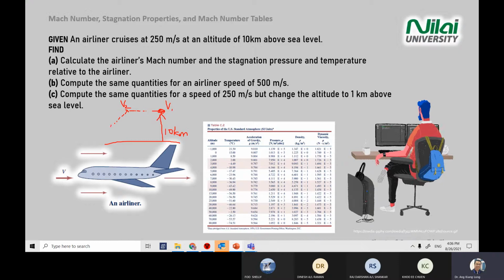And then after that, it reduces speed for approach and landing, so when it comes to V3, the altitude is 1 kilometer. So the question asks you to apply what we learned, the Mach number, the pressure and temperature, at these 3 locations.